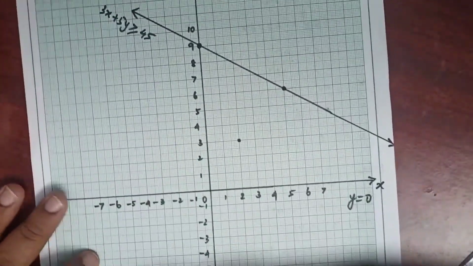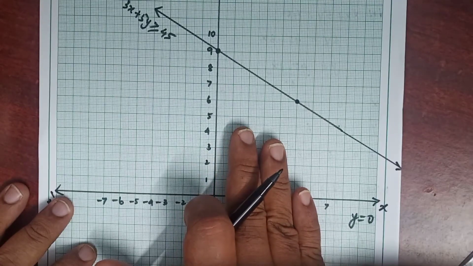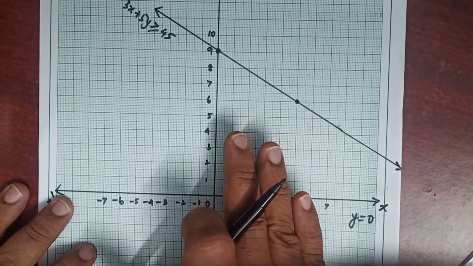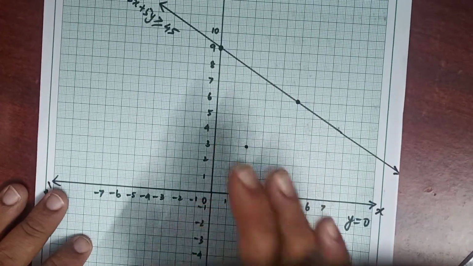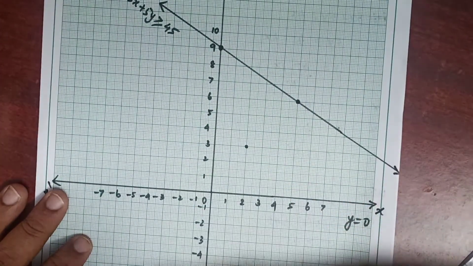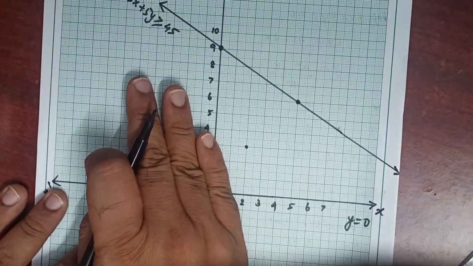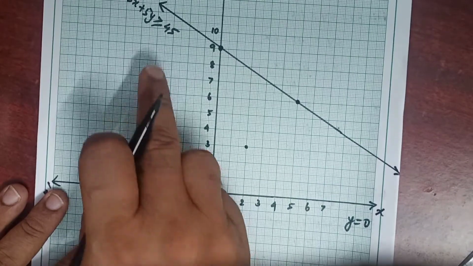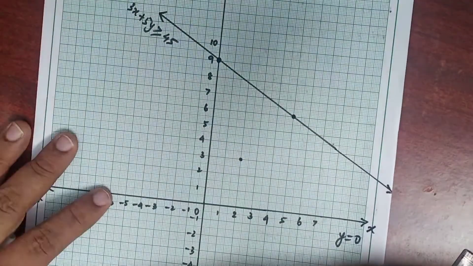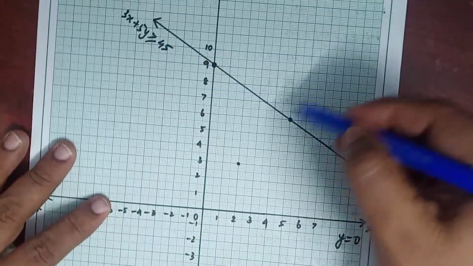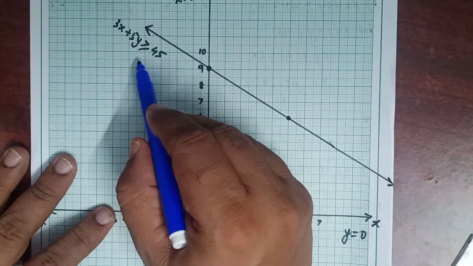Therefore, no part of the common portion lies in this region. No points in this region, below this line, will satisfy this inequality. So only above this line will the inequality be satisfied.